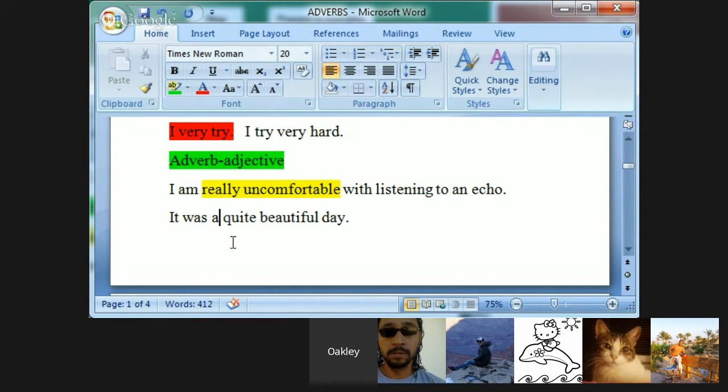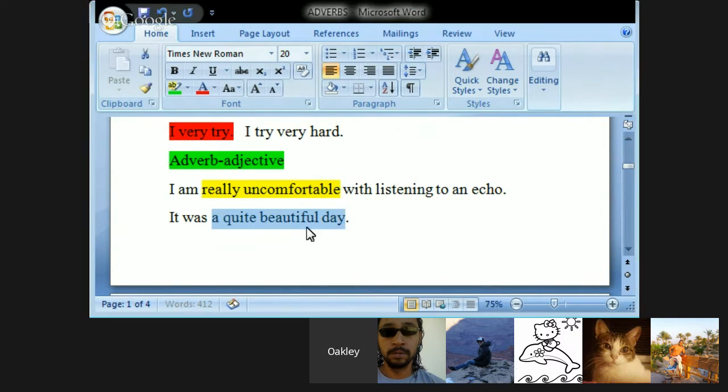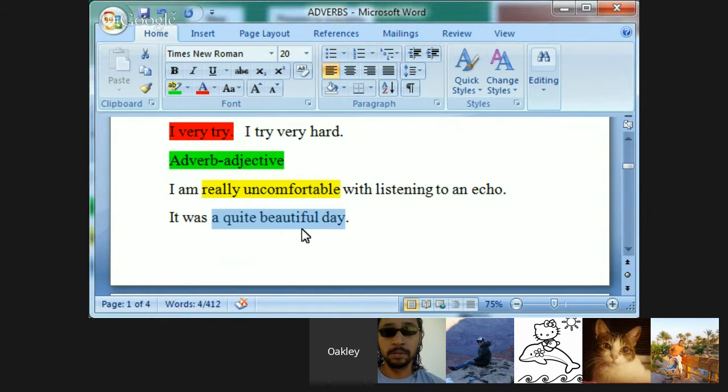Okay. Now this is an interesting little problem. Not problem, but this is interesting because now we're concerning ourselves with using an adjective, a noun, and an adverb, a modifying adverb. And where does that go? In conjunction with other determiners, like an article.